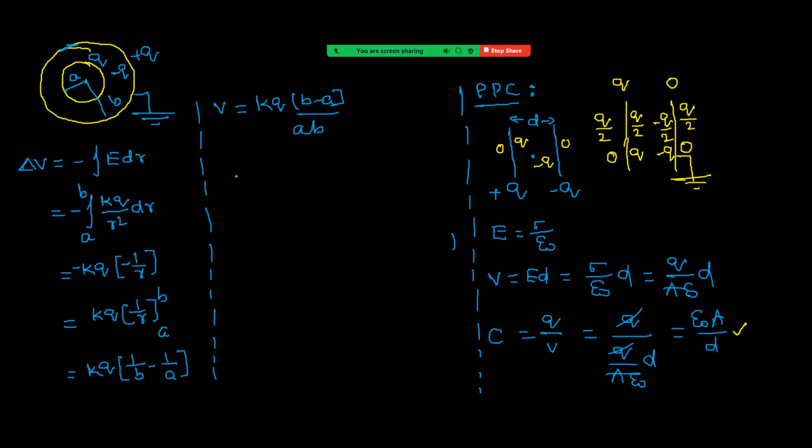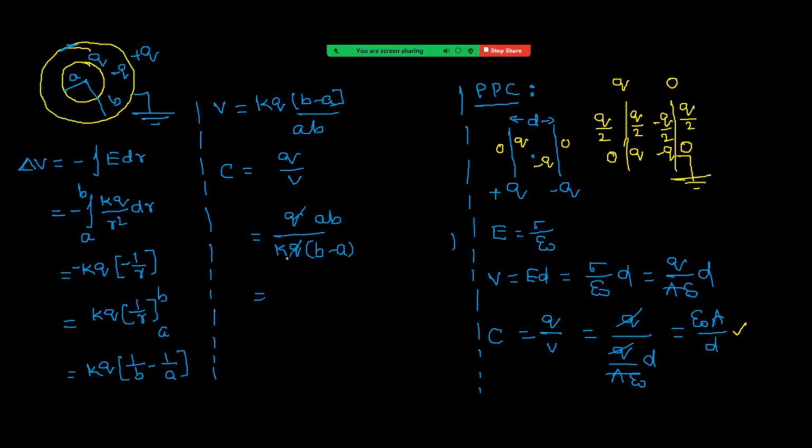After having the potential difference, now we have to take C equal to Q upon V. Then see what we get. Q gets cancelled. Remaining, take the V value, K Q (B minus A) by AB.